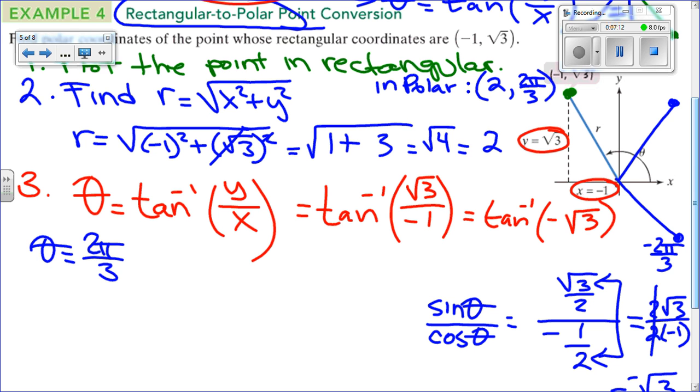So we could use that angle, and then how can we make it reflect? What we do with the r is multiply it by negative 1, right? So another way to represent this point could have been negative 2 pi over 3, like right here, actually negative pi over 3, I should say.